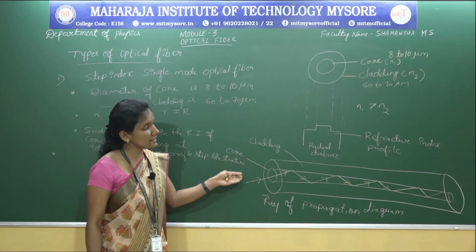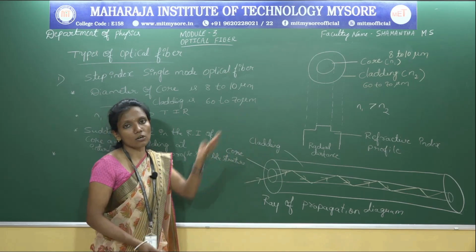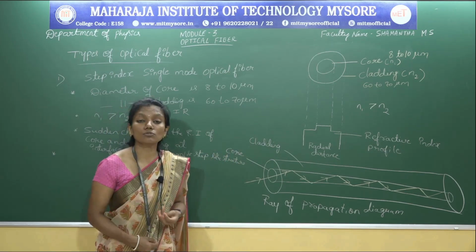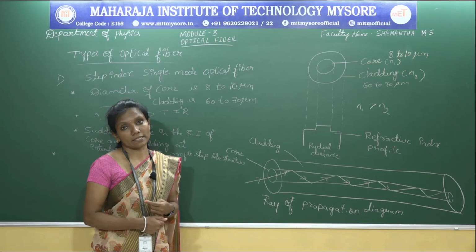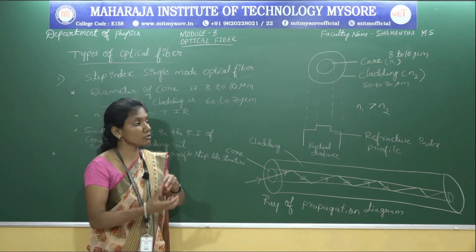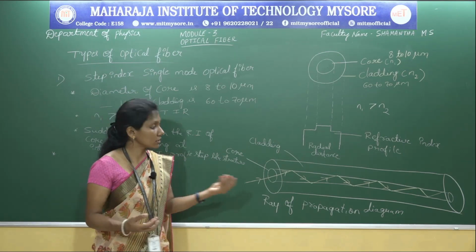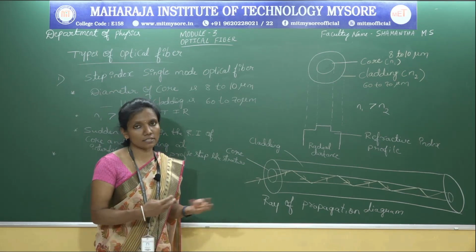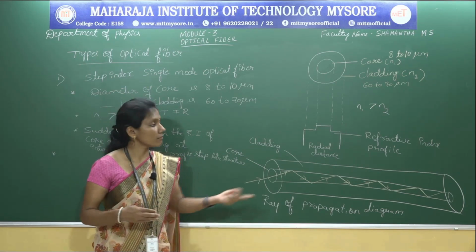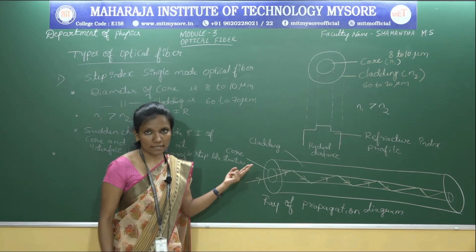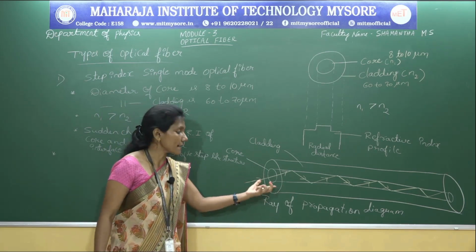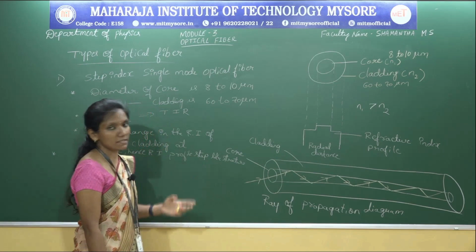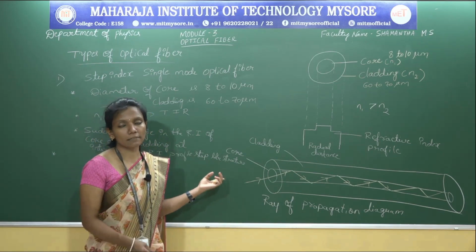So the light signals can carry through for a longer distance. That's why it is used in submarine cables, the telecommunications connection between the seas. So it is used maximum, 80%, compared to other optical fibers.